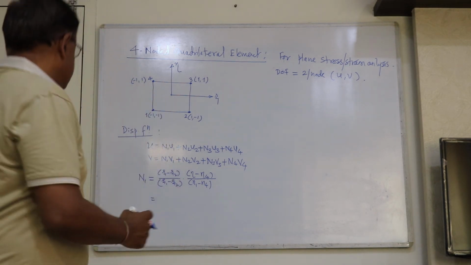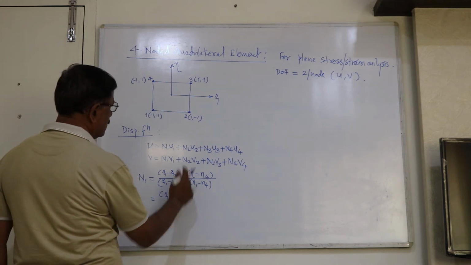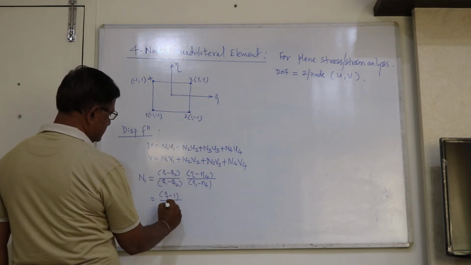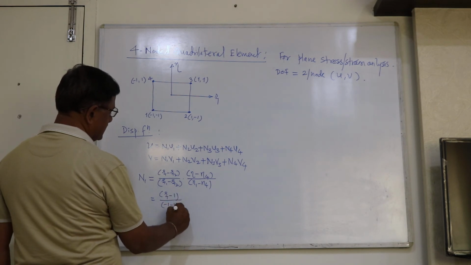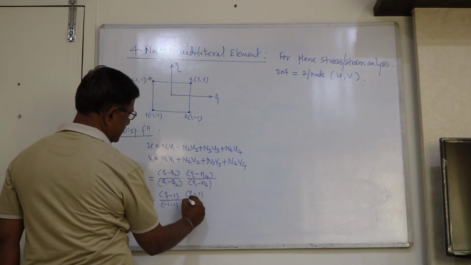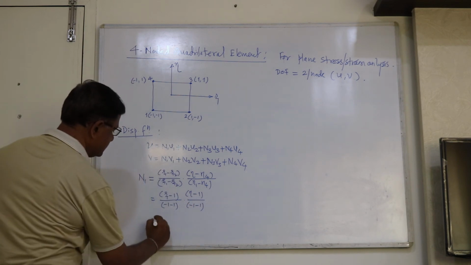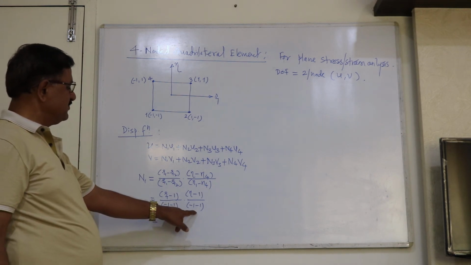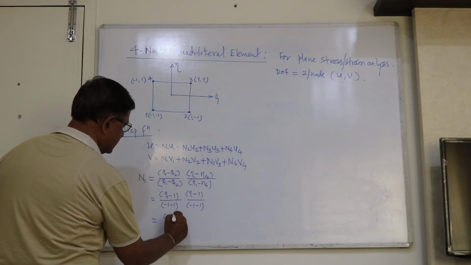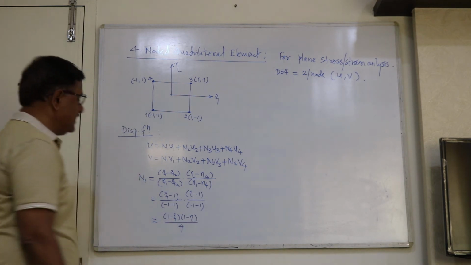Xi minus xi2, xi2 is 1, divided by xi1 is minus 1, again xi2 is 1, into eta minus eta4, eta4 is 1, divided by eta1 is minus 1 minus 1. So this is minus 2, which gives 4, and we can write this in the form 1 minus xi, 1 minus eta, divided by 4, will be the N1.